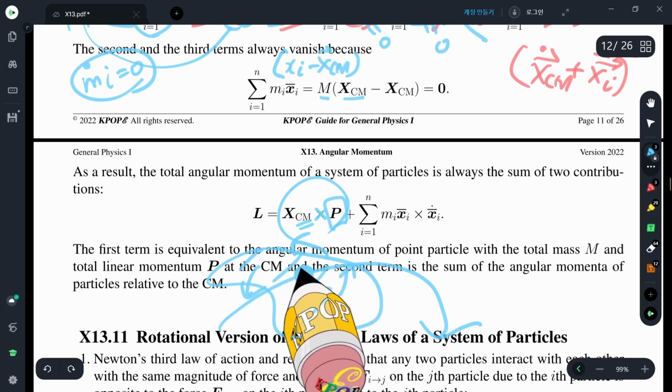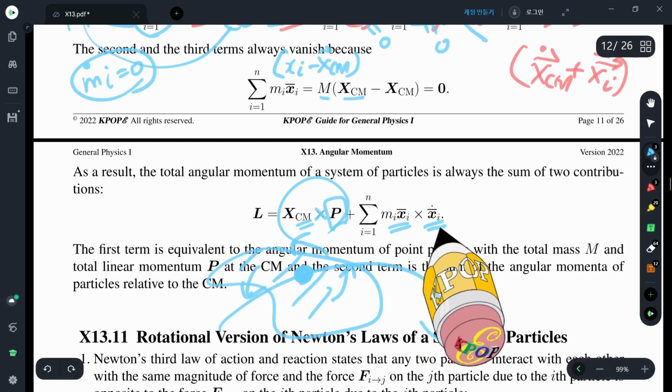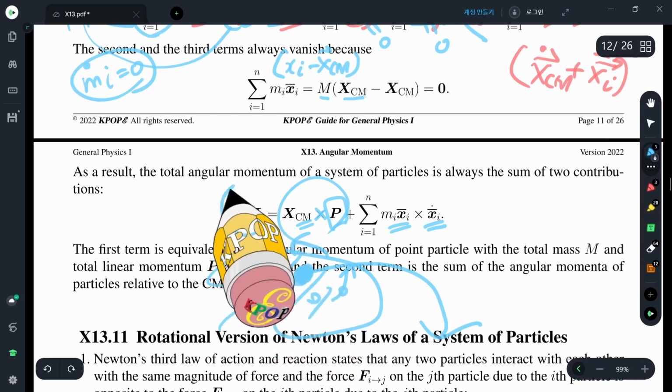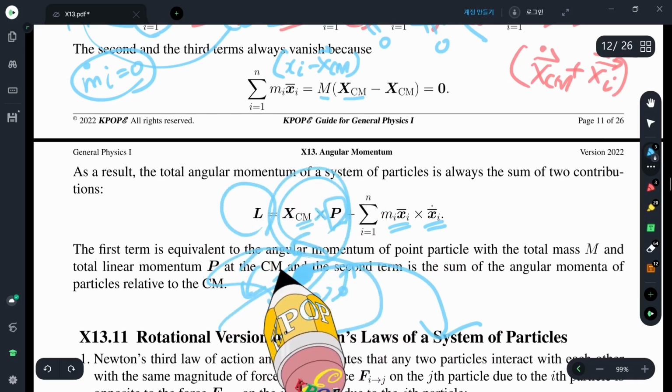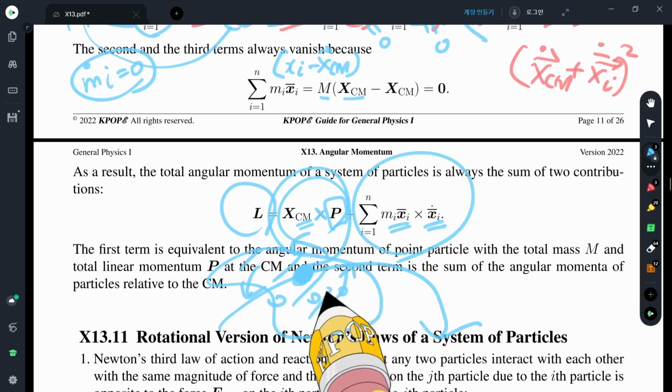This is the orbital angular momentum of every particle relative to the center of mass. So the total angular momentum is the sum of the angular momentum of the center of mass as a point particle and the angular momentum relative to the center of mass.